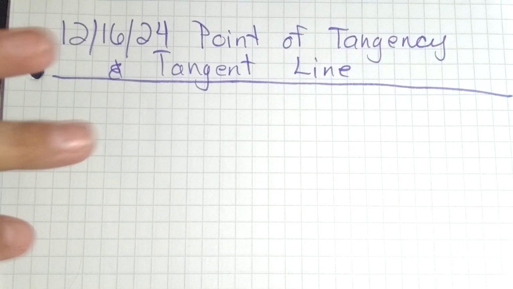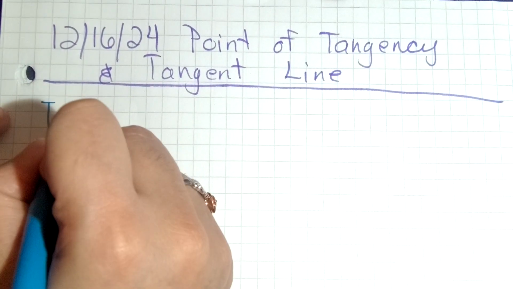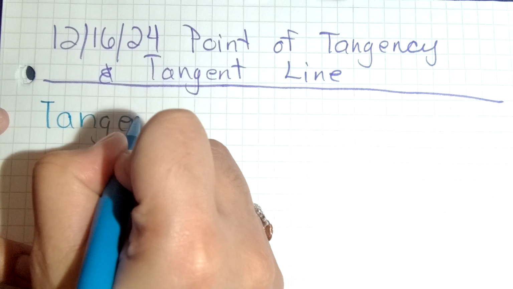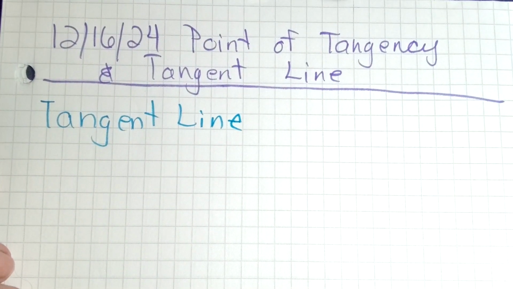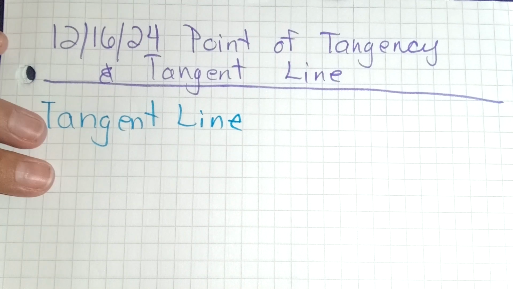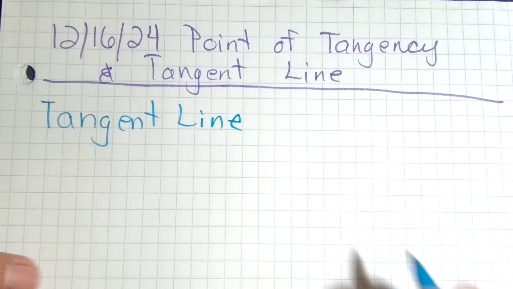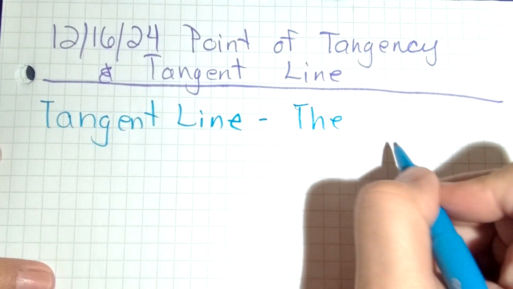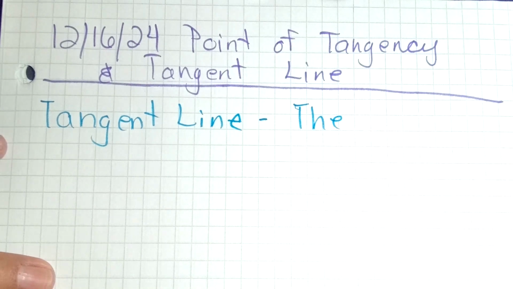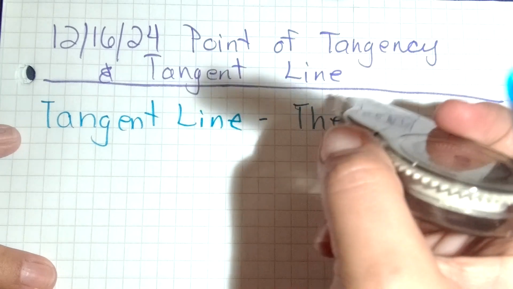All right, so we have some new vocabulary. We have something called the tangent line. And you probably remember this from geometry. The tangent line is the point, I'm sorry, no. Sorry, not the point, I moved ahead, my bad.